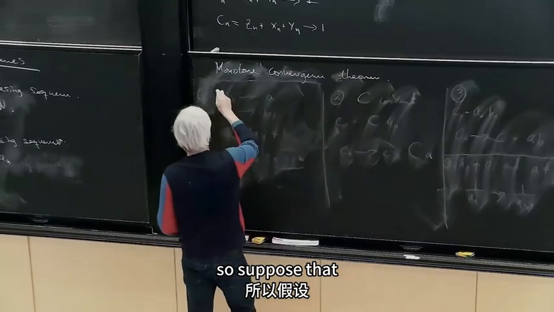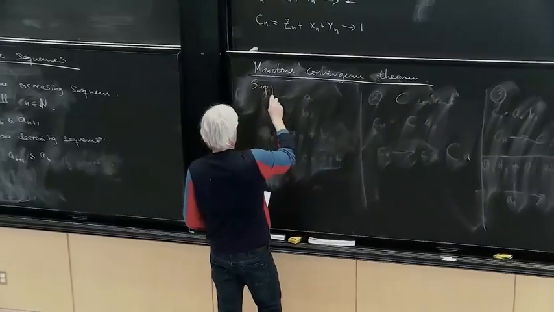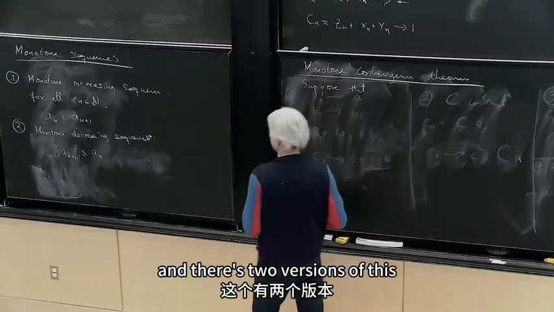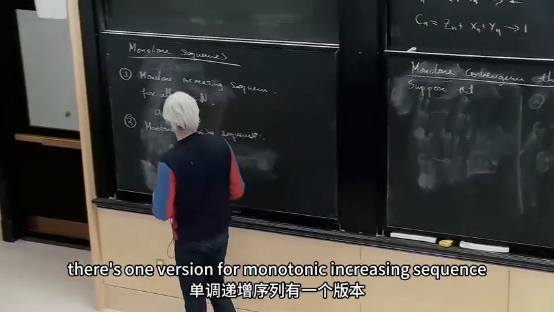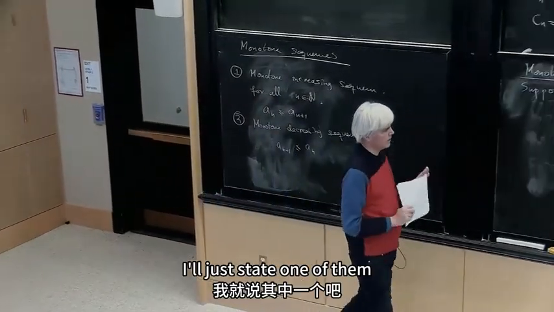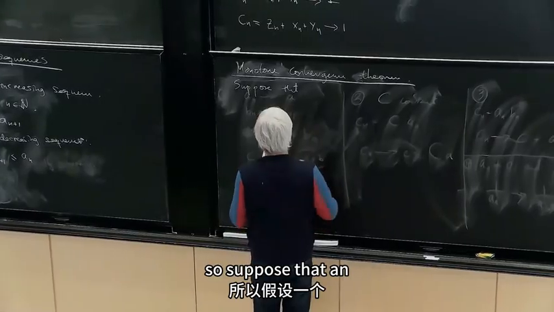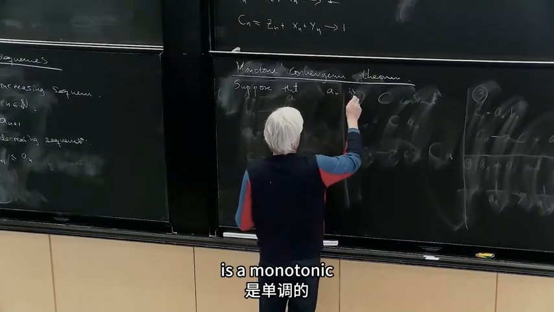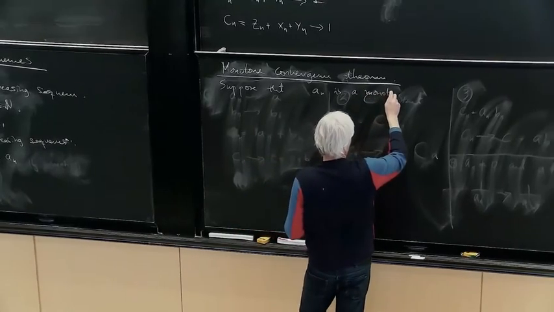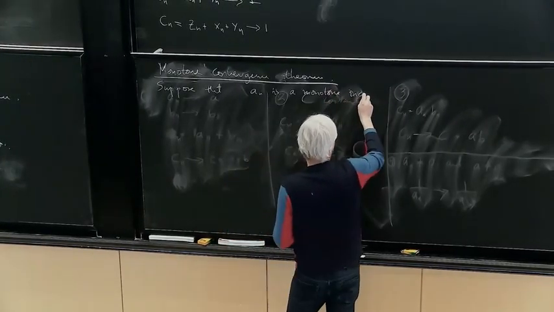There are 2 versions of this: one for monotone increasing sequences and one for monotone decreasing sequences. I'll just state one of them because the other one is a parallel. So suppose that a_n is a monotone increasing sequence.